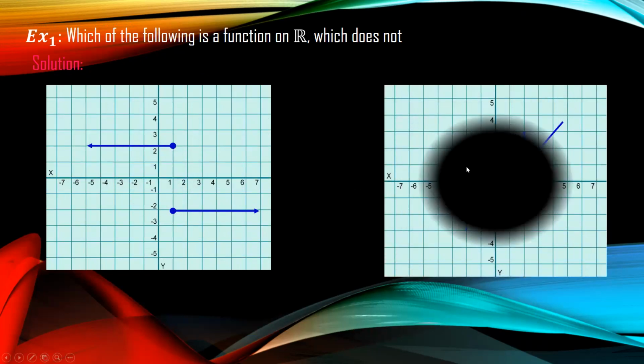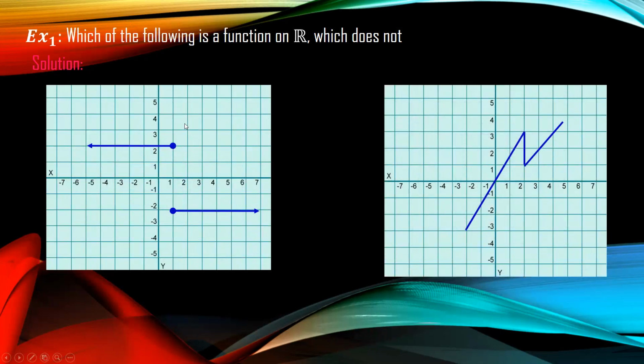The opposite figure is not a function because the vertical line intersects the curve at 2 positions. Also, this curve is not a function because the vertical line intersects the curve along a line segment from here to here.